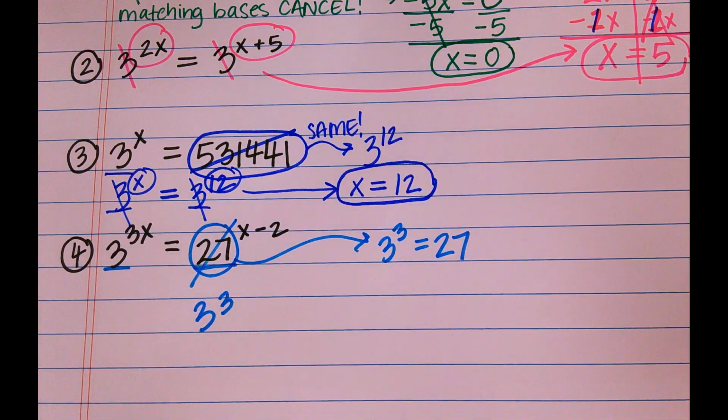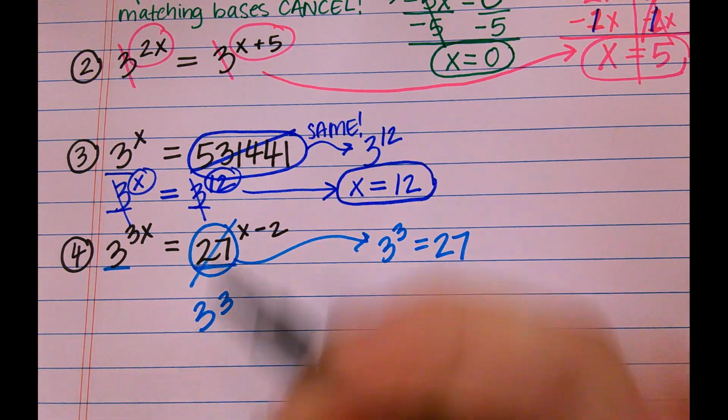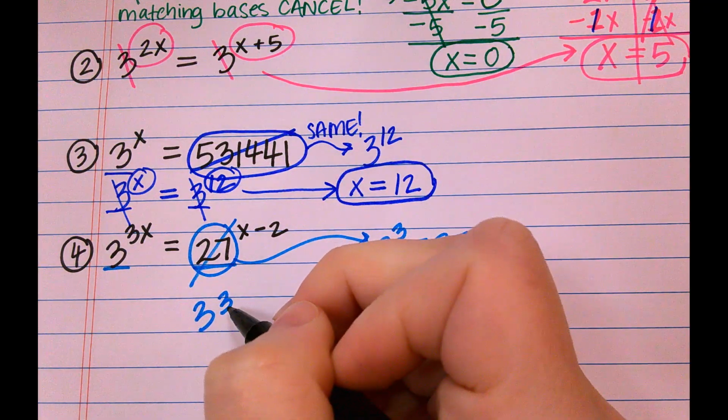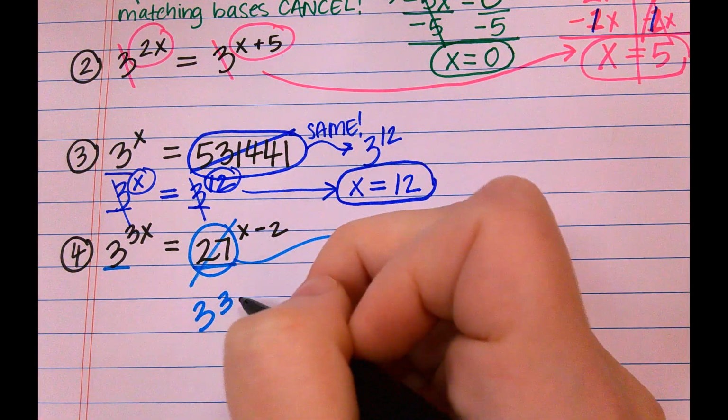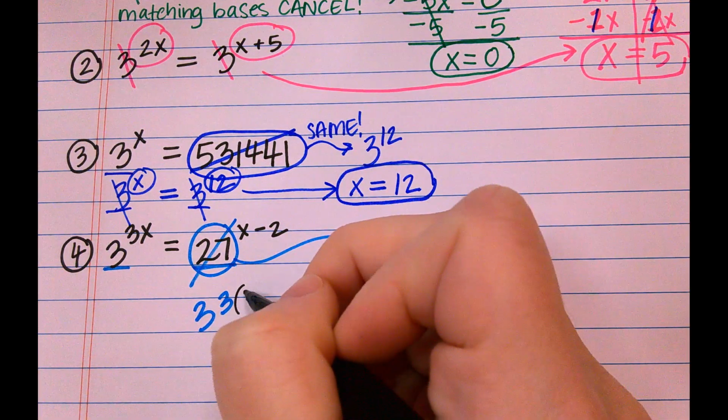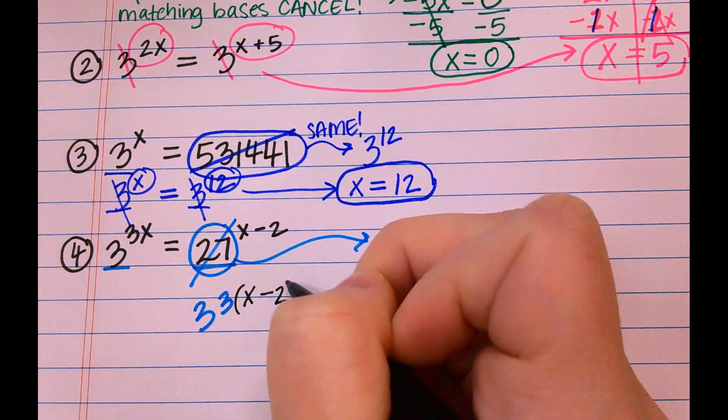What do you do with the x minus 2? You bring it down into the exponent. We want to bring it down, but it's an exponent, so we want to keep it an exponent. There's a 3 there already, so we just put it beside the 3 in parentheses.